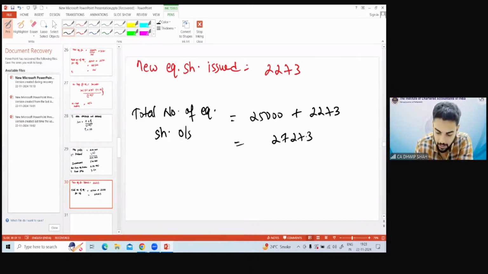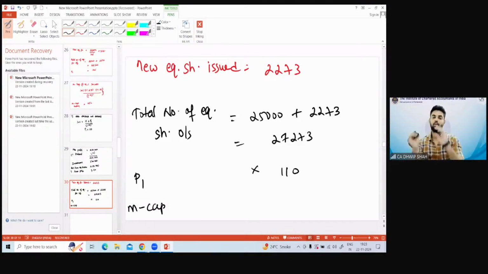And if I multiply this by P1, which is 110, can I say I will get the approximate market value or gross market cap? How much is it coming? 30 lakhs. Yes, comes to 30 lakhs.